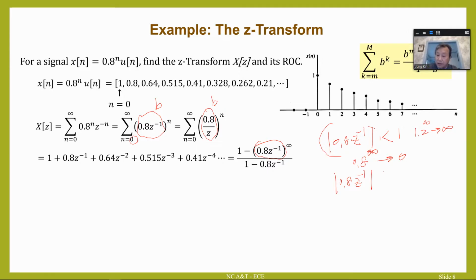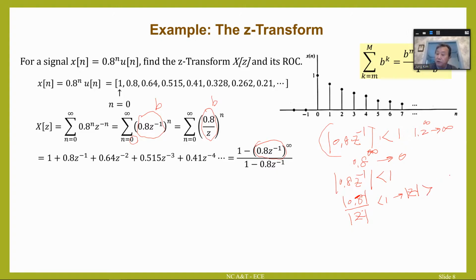Because 0.8 is a positive number, this is the same as saying the magnitude of z is greater than 0.8.